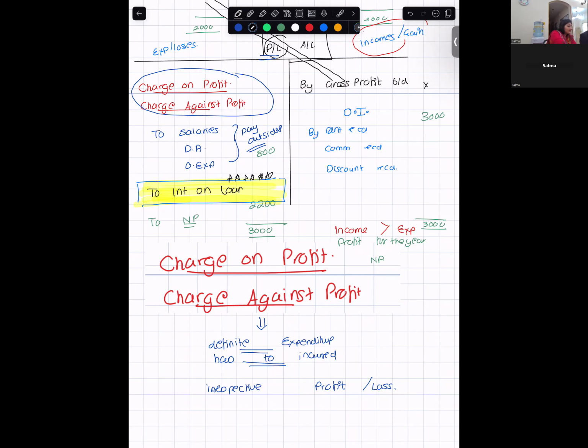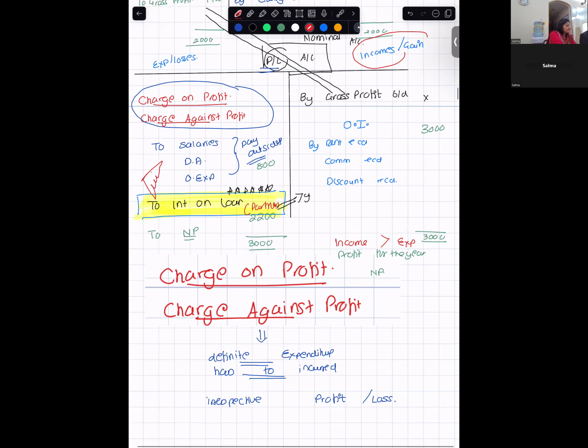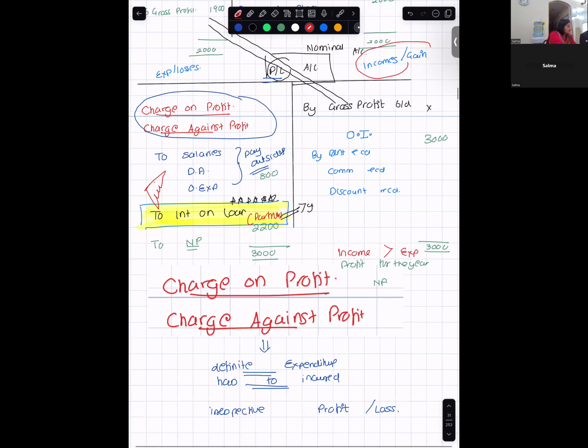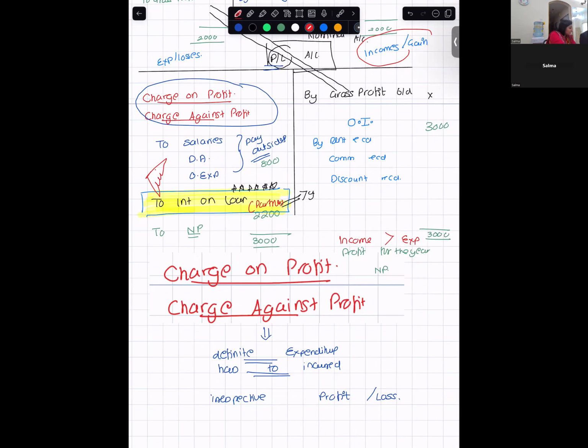If your partner has given any loan to the firm, interest on loan is a charge on profit. This is the most important thing that the majority of people tend to forget, because the loan is given by the partner, they treat it as appropriation of profits. But interest on loan is a charge on profits.